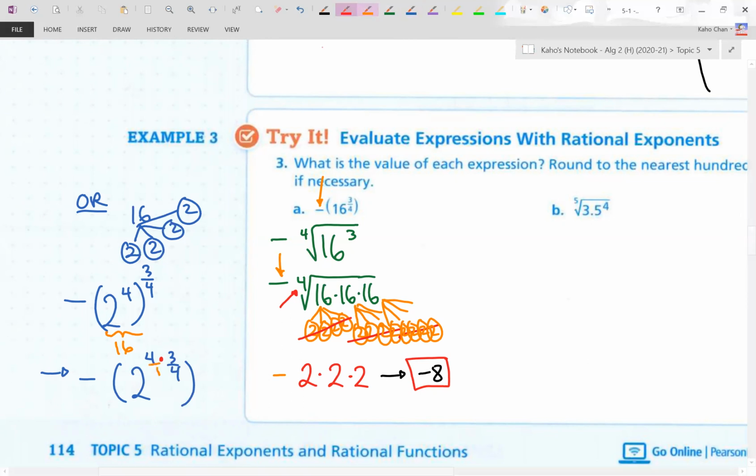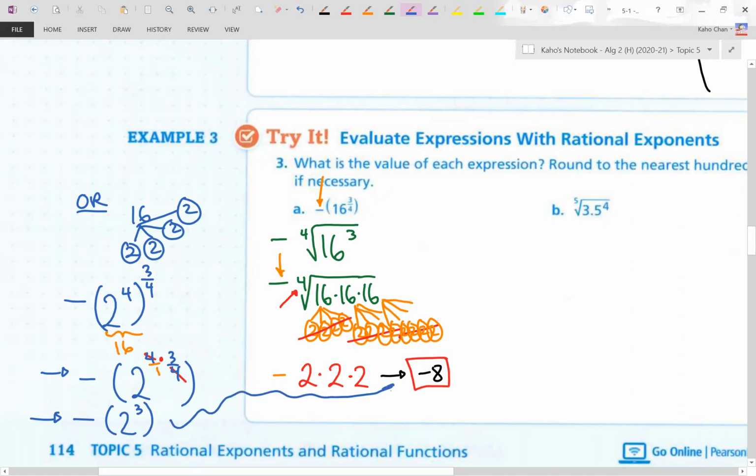Hey, look at those 4's. They cancel. See that? What are you left with? 2 to the 3rd. What is 2 to the 3rd? It's just 2 times 2 times 2, or negative 8. There's your answer, just using fraction powers, okay?